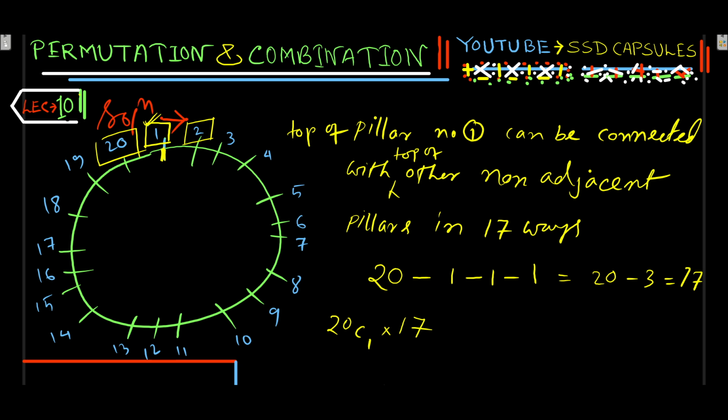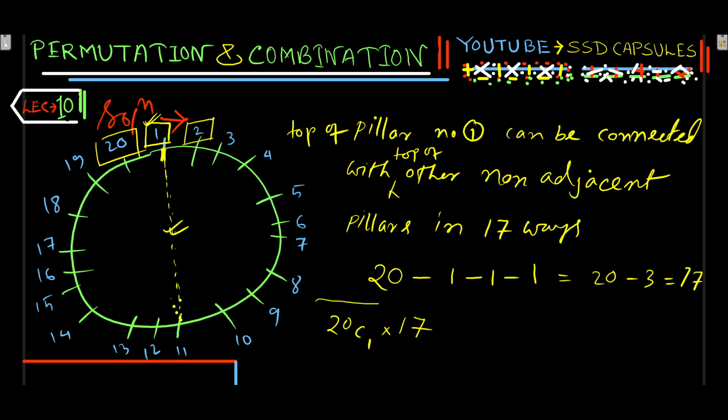But one thing you have to understand: here we have to connect the tops of non-adjacent pillars with beams. If we join pillar number 1 with pillar number 11, or join pillar number 11 with pillar number 1, in both ways we just need one beam.